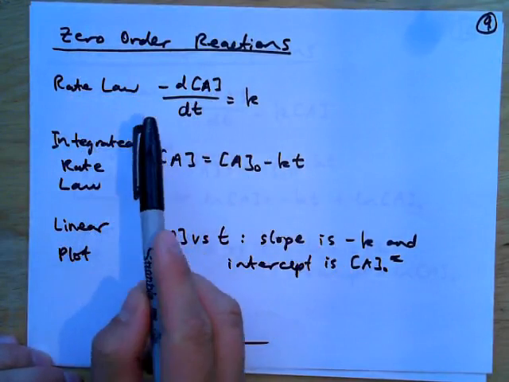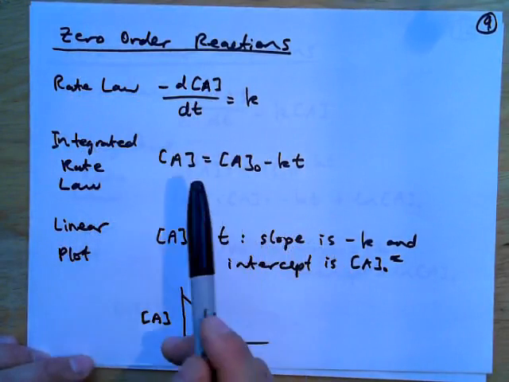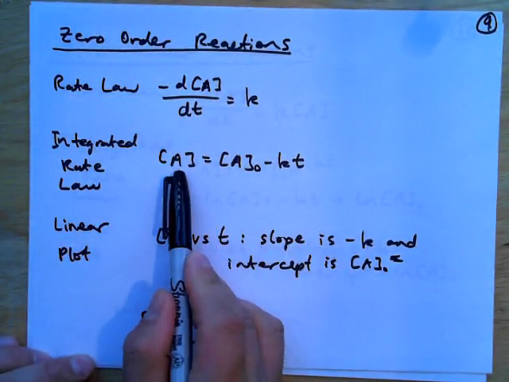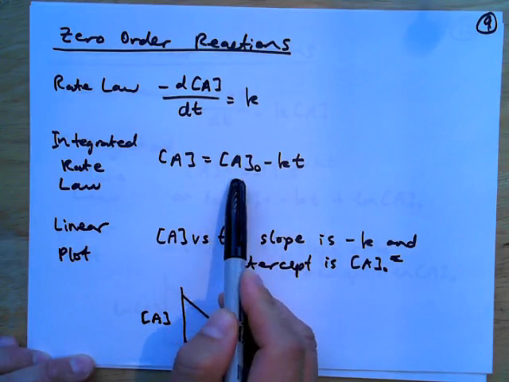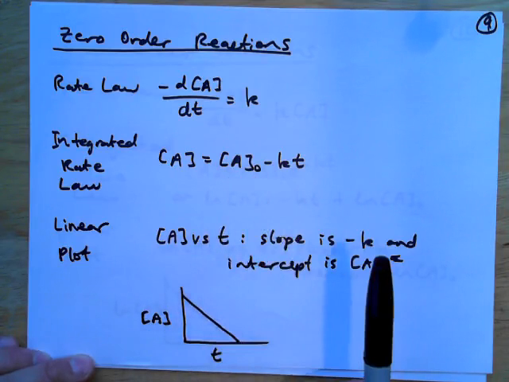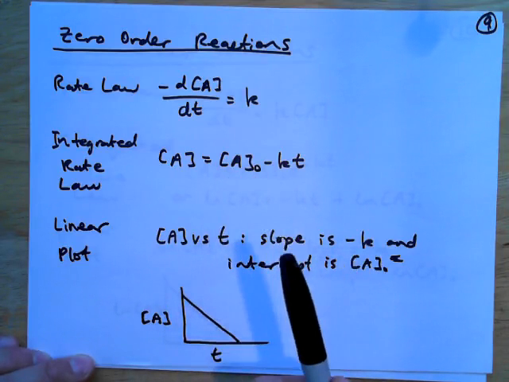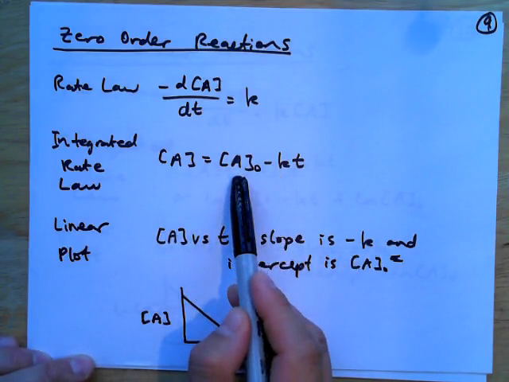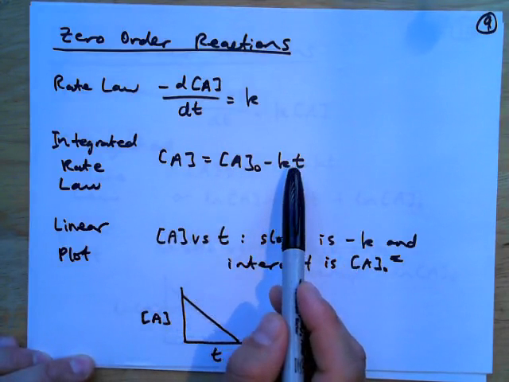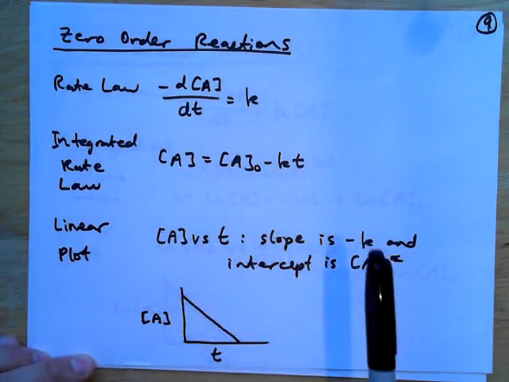If I integrate that, which I'm not going to go into how to do, but if you integrate it, you will get the concentration of A equals the concentration of A naught. A naught is our initial value. Anytime you see a naught there, it means that we're referring to an initial condition. Okay, so our concentration of A is equal to our concentration of A naught minus kt.